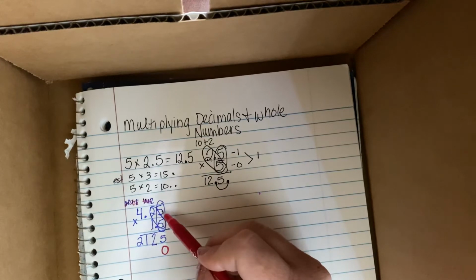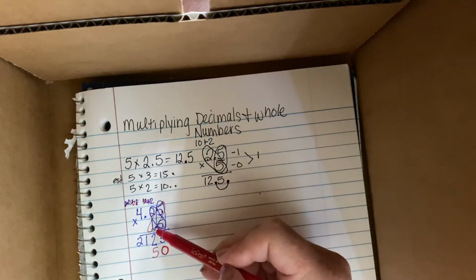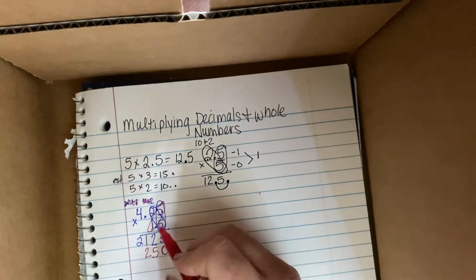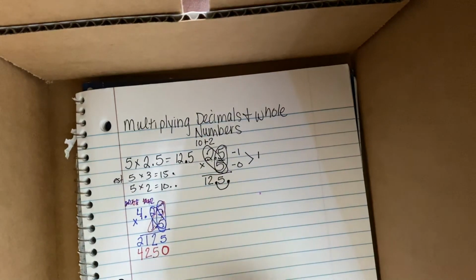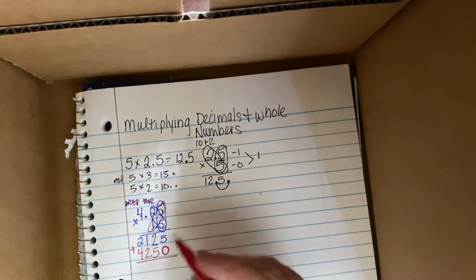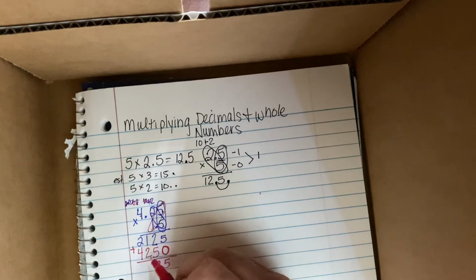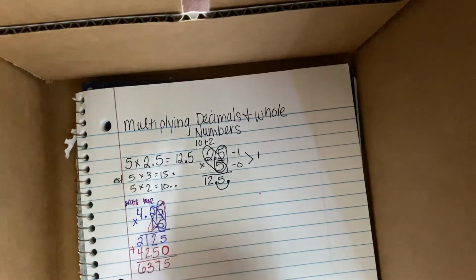So 1 times 5 is 5. We don't have anything to carry. 1 times 2 is 2. 1 times 4 is 4. So now we have that lined up and we will add those. 5 plus 0 is 5. 2 plus 5 is 7. 1 plus 2 is 3. 2 plus 4 is 6.